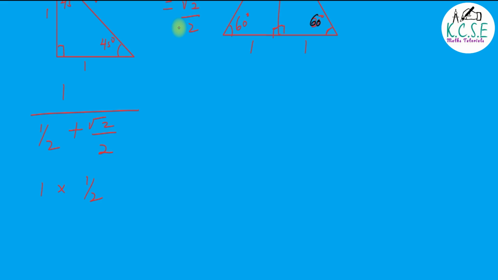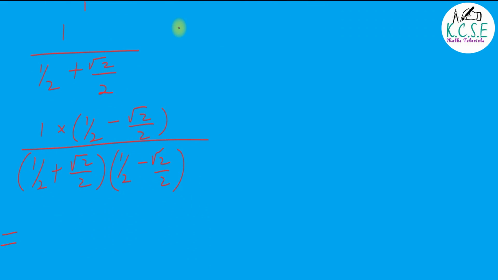The conjugate of the denominator is a half minus root 2 over 2. Going to the denominator, a half plus root 2 over 2 multiplied by its conjugate, a half minus root 2 over 2. So the numerator will just remain as a half minus root 2 over 2.